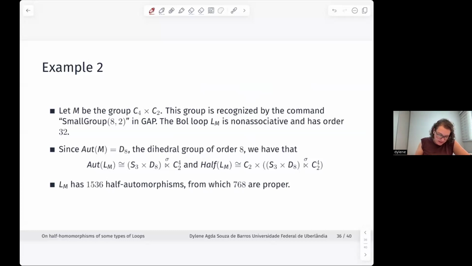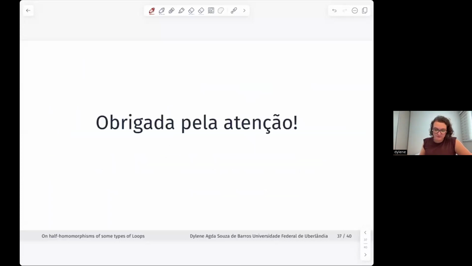So this loop Lm has 1536 half-automorphisms, I have language issues with huge numbers, sorry about that, of which half are proper, okay? And that's it. Thanks for the attention. I think I spoke so fast, sorry. That's it.